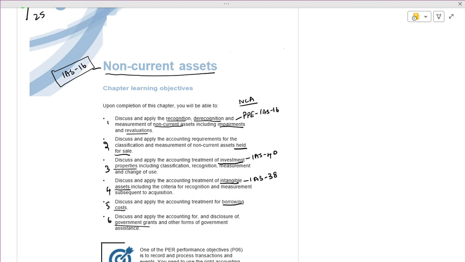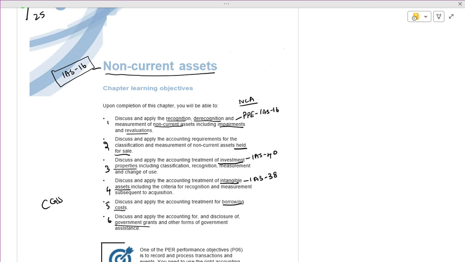There is another one, which is CGU. We will talk about CGUs, cash generating units, as such.